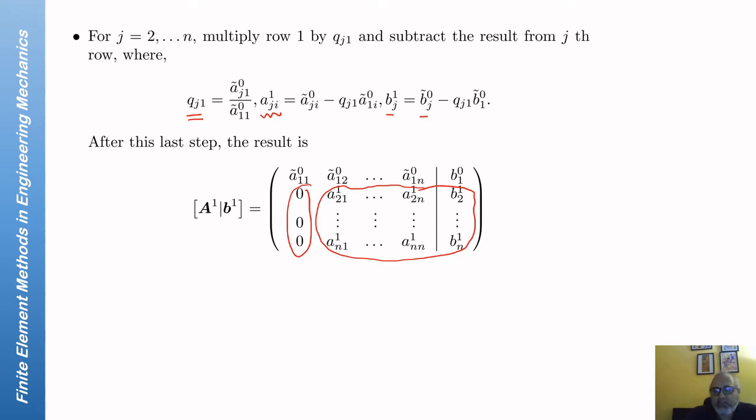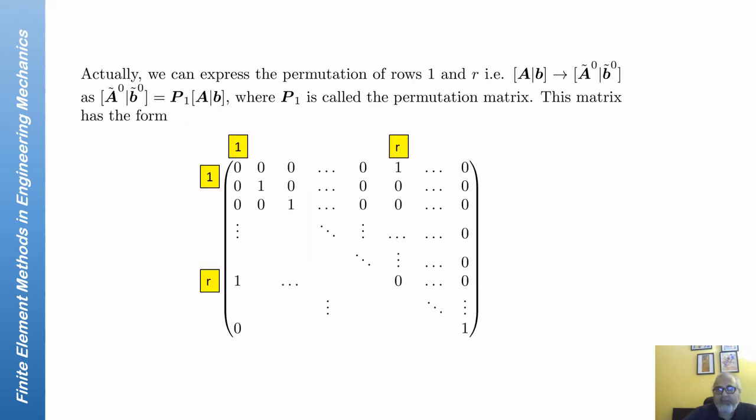Now this permutation operation as well as this operation of multiplying by a factor and subtracting it from rows below, both of them can be expressed as matrix operations. It's easy to see.